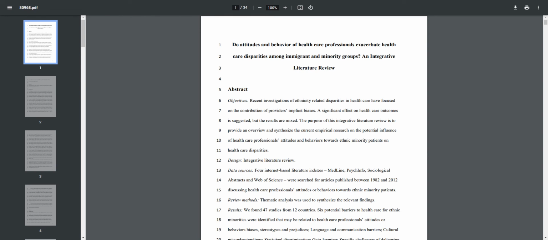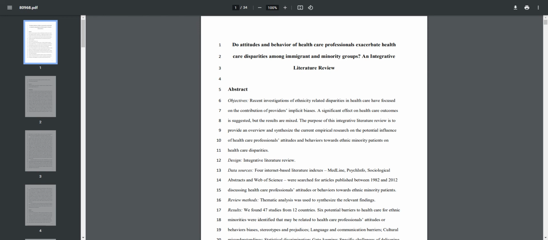That said, this is a literature review that I'm going to walk you through. This is a paper that was written on how the attitude and behavior of healthcare professionals exacerbate healthcare disparities among immigrants and minority groups.